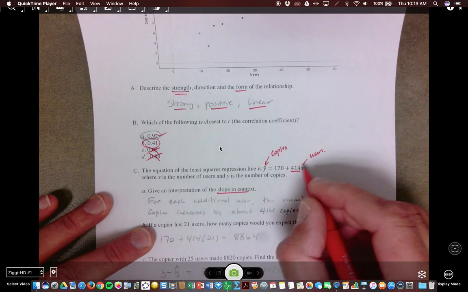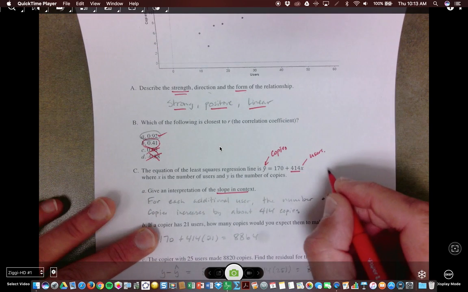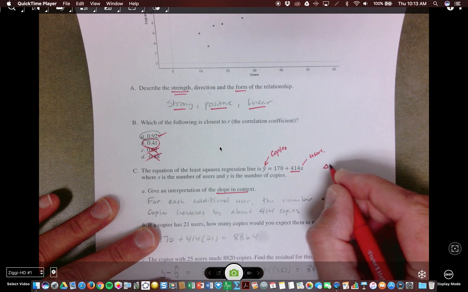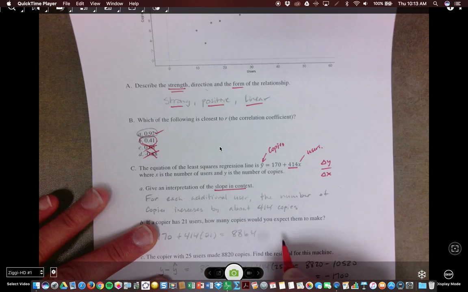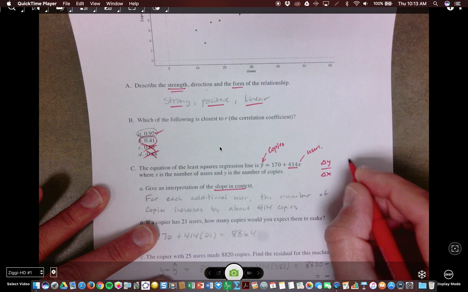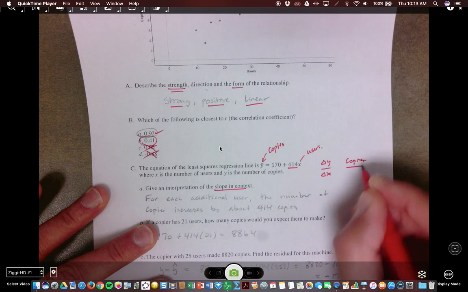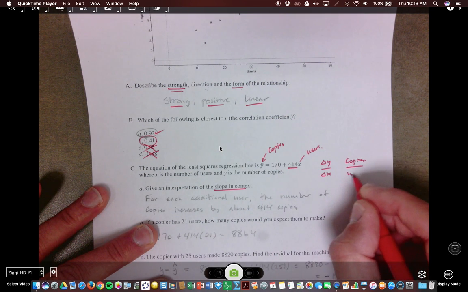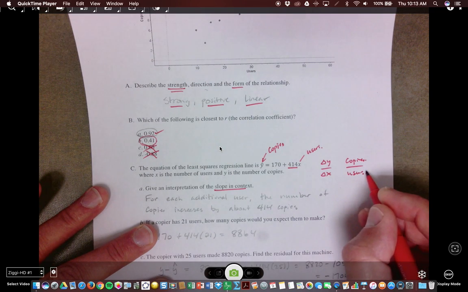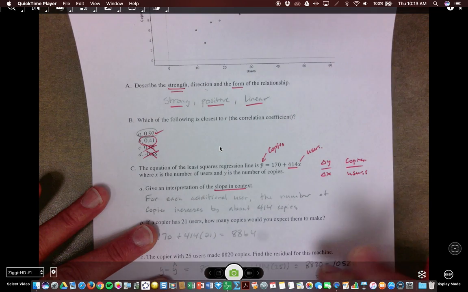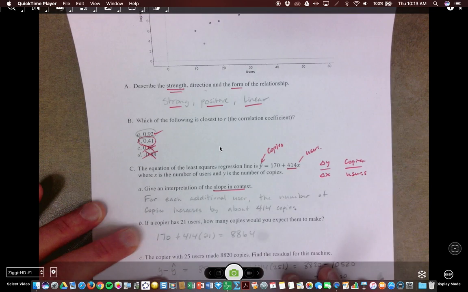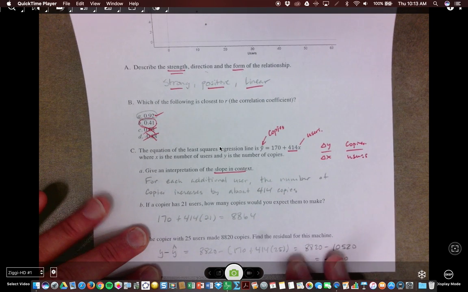Think of the slope from algebra: change in y divided by change in x. Y is measured in copies and x in users, so you end up with copies per user, which helps make the interpretation.